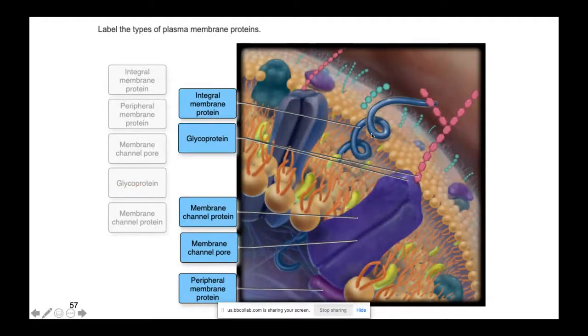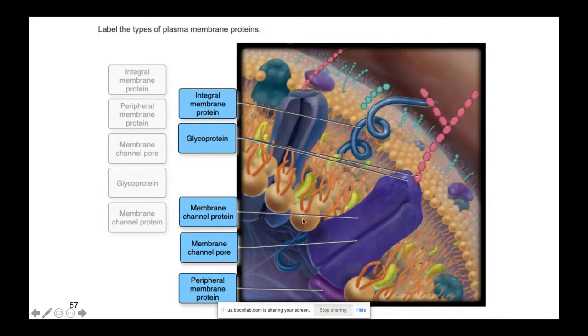Now we're looking at the phospholipid bilayer. So this is extracellular. This is outside the cell. This is inside of the cell. This is one phospholipid layer, and here's the other phospholipid layer. The phosphates are these heads or the spheres. Those are the phosphate portion, and the lipids or the fats poke inside.